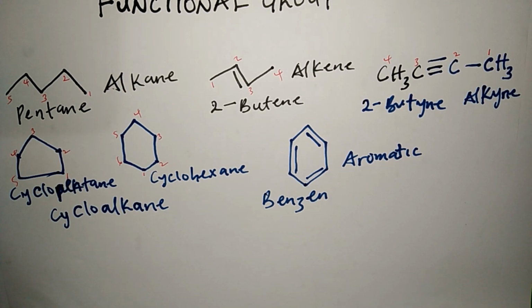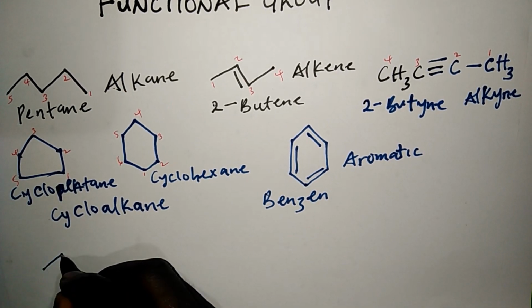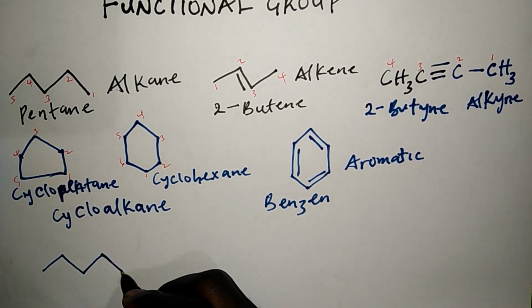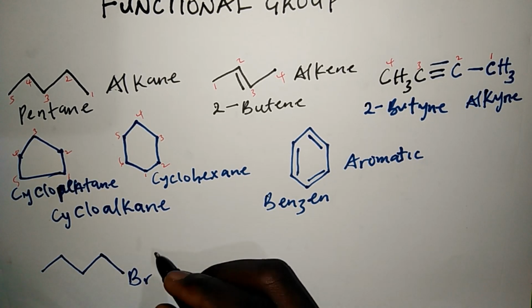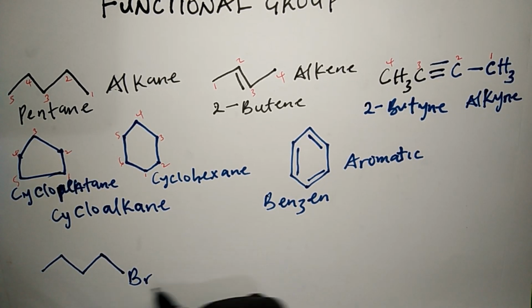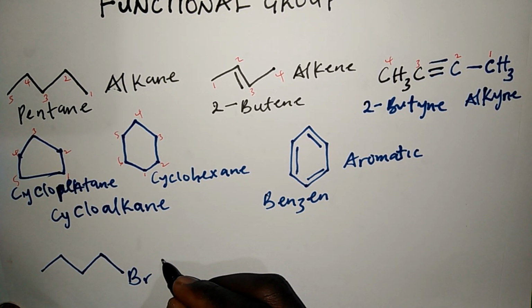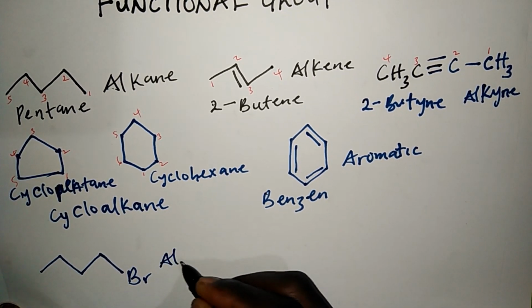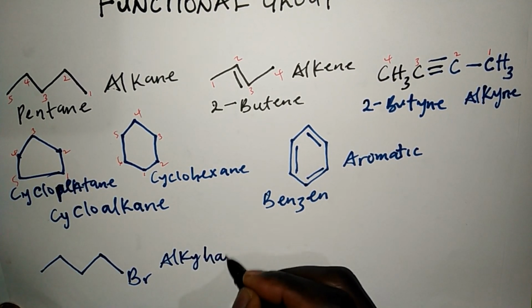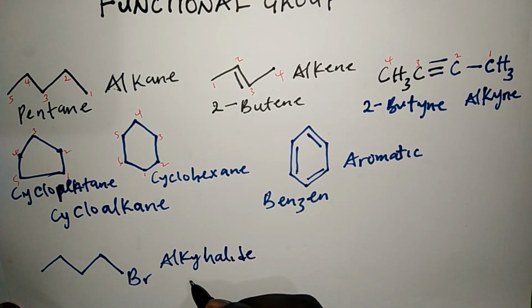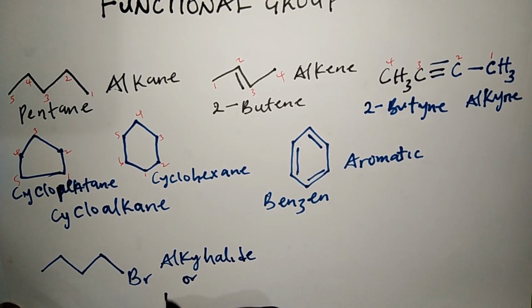So what if you have a compound like this? How do you name this particular functional group? This functional group is referred to as an alkyl halide, or you can call it a haloalkyl.